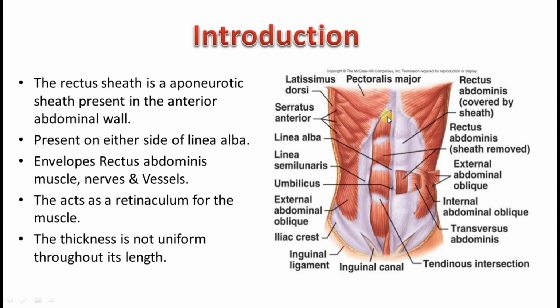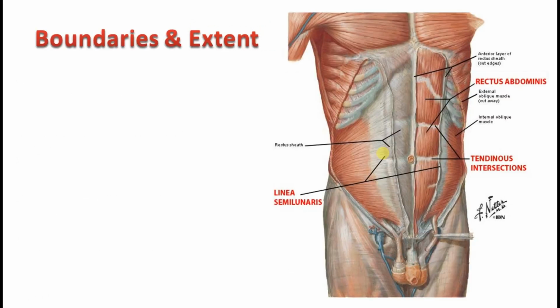And if you look at the rectus sheath, it is not uniform throughout its length. Anywhere you take a rectus sheath, the layers differ. So mainly the rectus sheath is discussed at three levels. What is the boundary of the rectus sheath from above downwards?